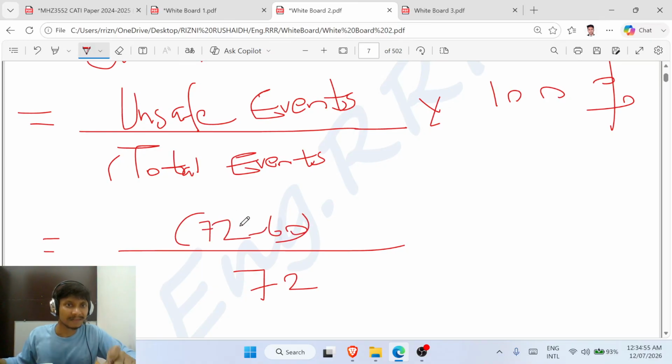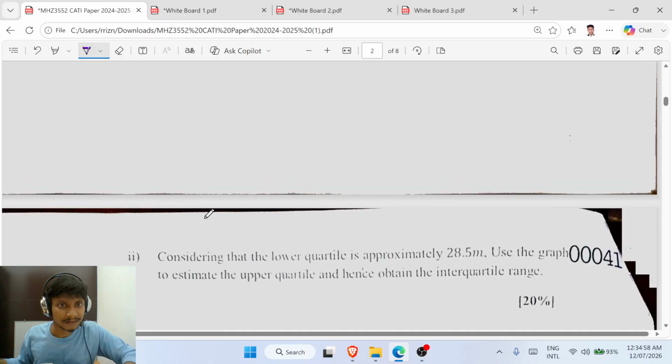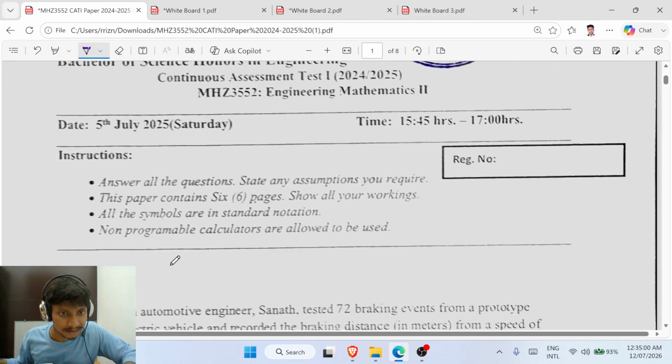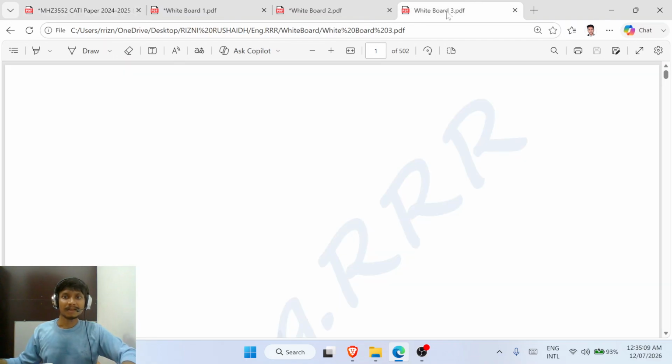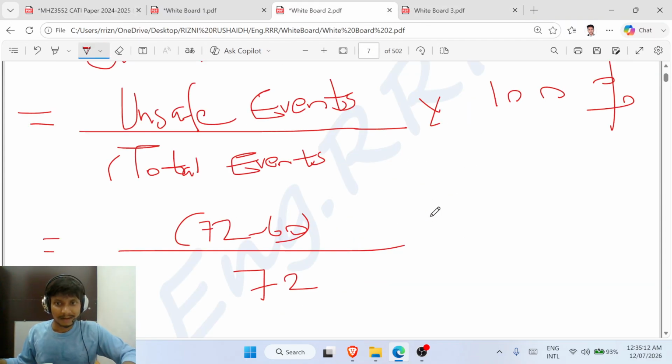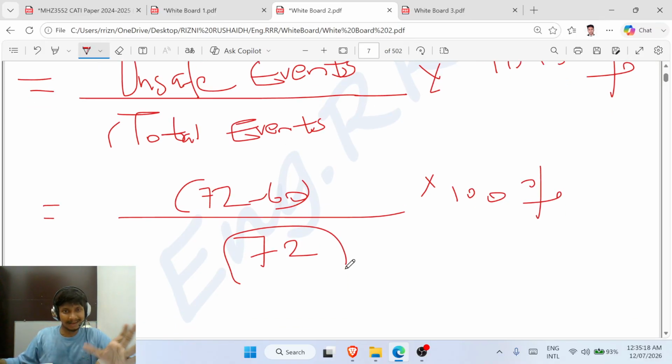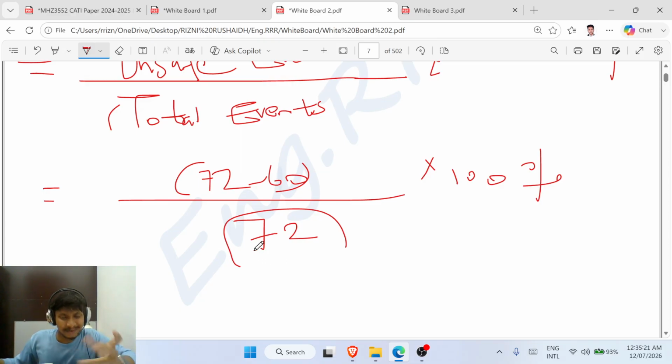This area is 72, and from 60 to 72 this area is unsafe. Therefore, into 100 percentage. Unsafe events over total events, this is the equation. Don't memorize this, it is very simple. Total events are 72.